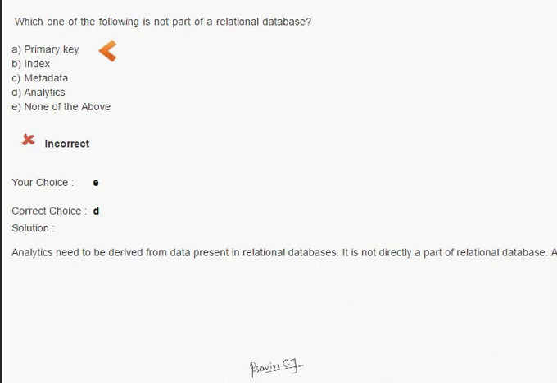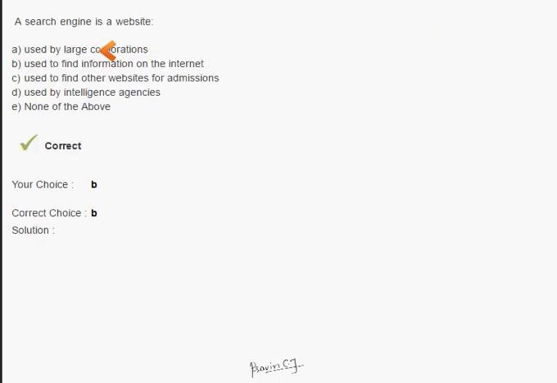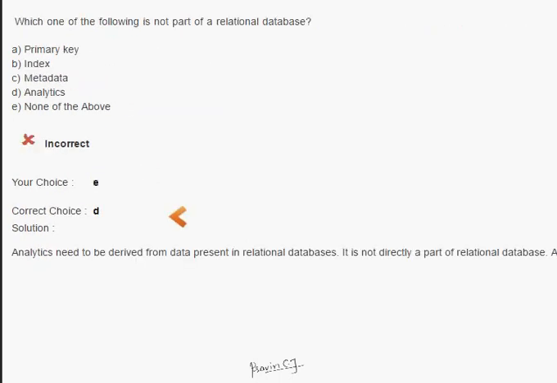Analytics needs to be derived from data present in a relational database. It is not directly a part of a relational database always.